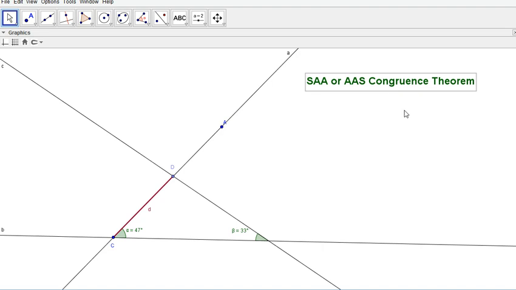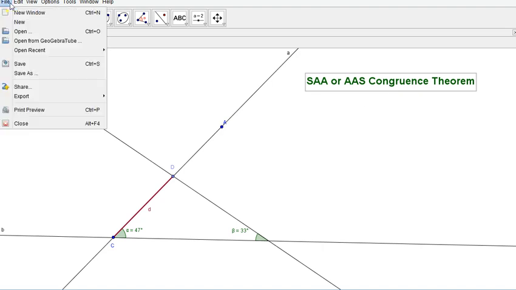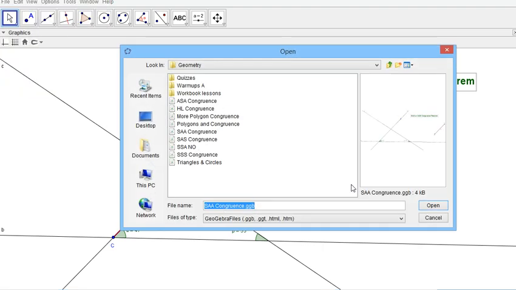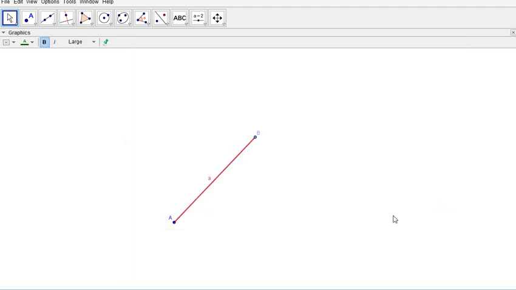Okay, so not every theorem works, so I'm going to show you what I'm talking about. We're going to try open and don't save, and we're going to try, let's see, side angle, okay, and open this up. Side angle means that here's a side. I've got side AB, and side AB has fixed length, okay, it's 5.5 units long.